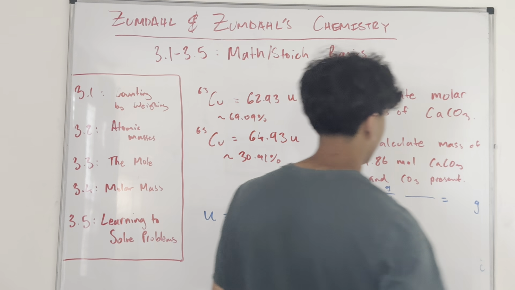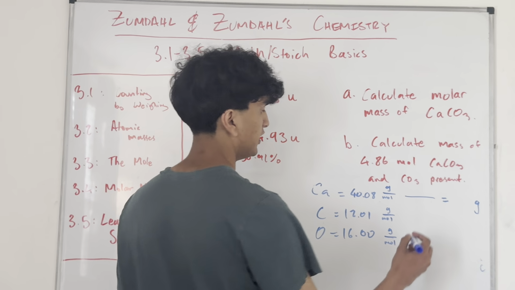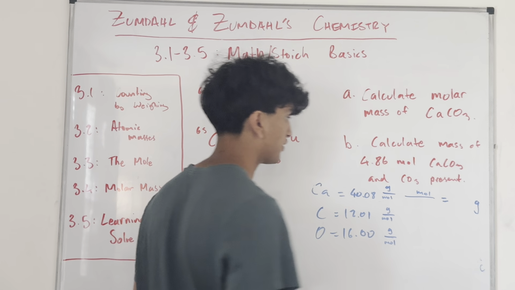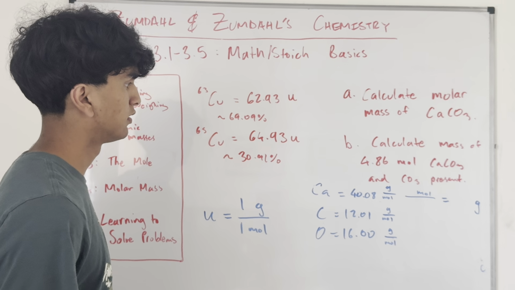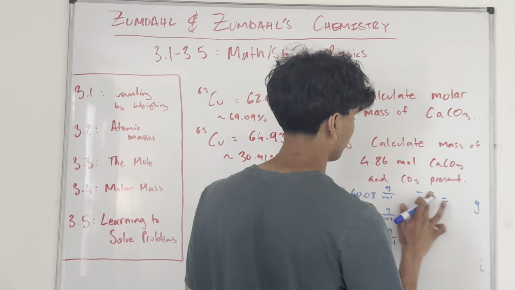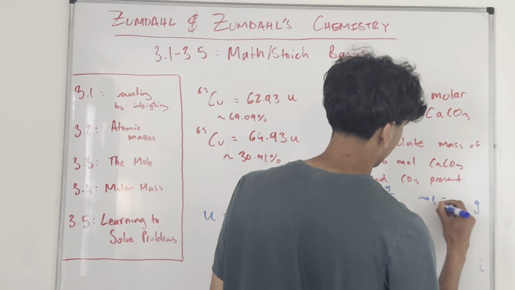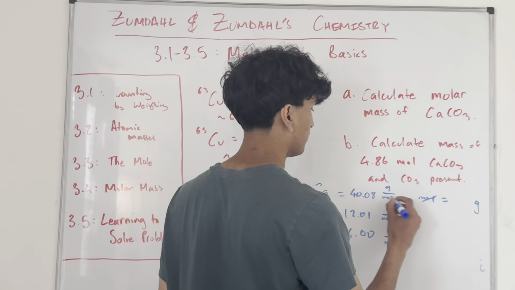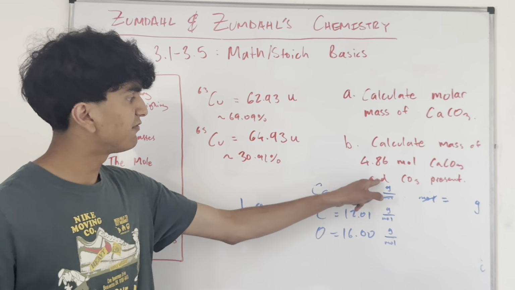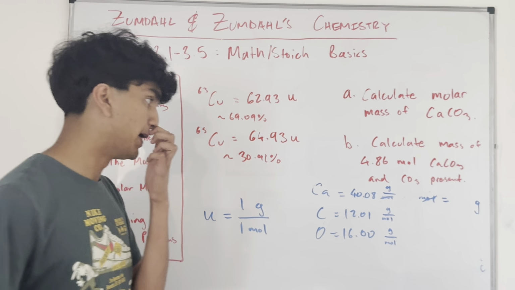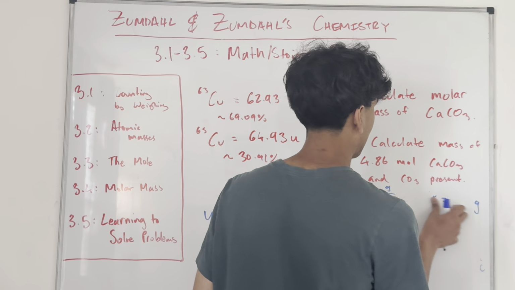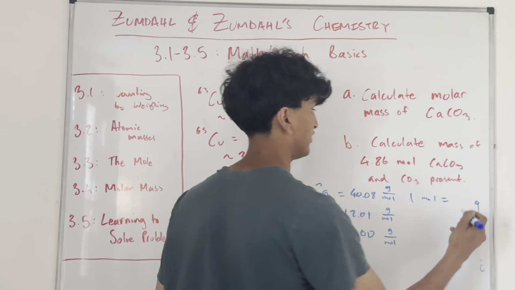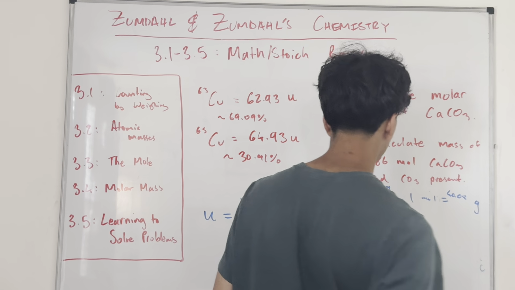If I have moles on the bottom, if I just multiply by moles, that will cancel out the moles in the denominator, and I'm left with just grams. It's a pretty cool trick. That's my way to figure it out. So if it's 1 mole, then I just get 40.08 grams.